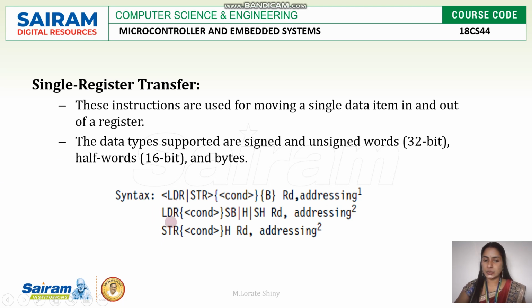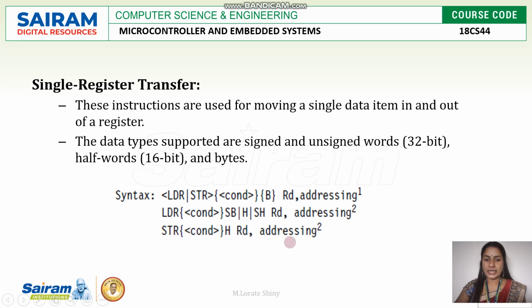Then the next two syntaxes are for byte and half word. The instruction is LDR, there can be a condition. SB means signed byte, H means half word, SH means signed half word. Then the same operands, Rd, one is a register, another one is memory. The third syntax is for the STR instruction, STRH, store half word.